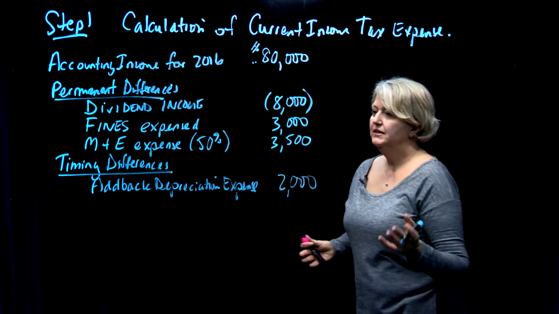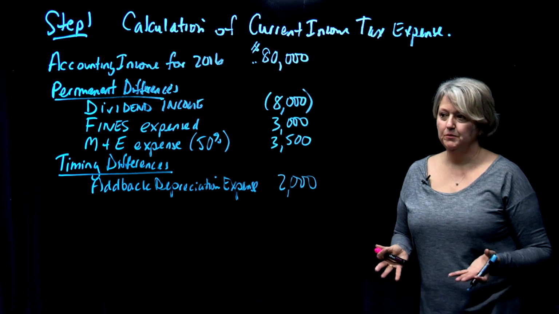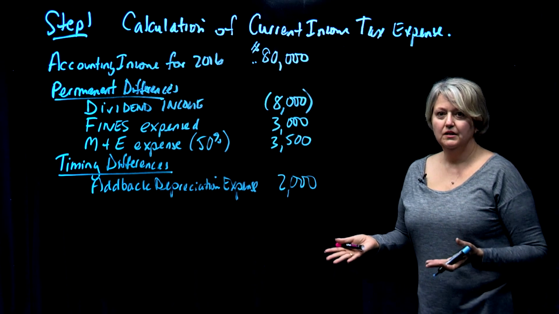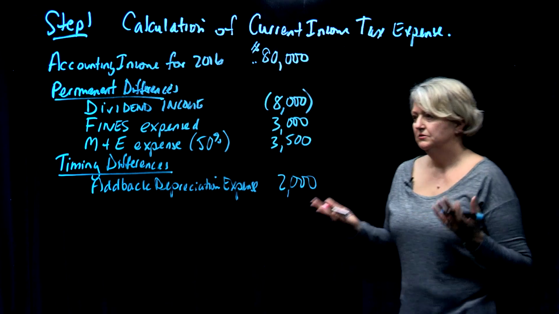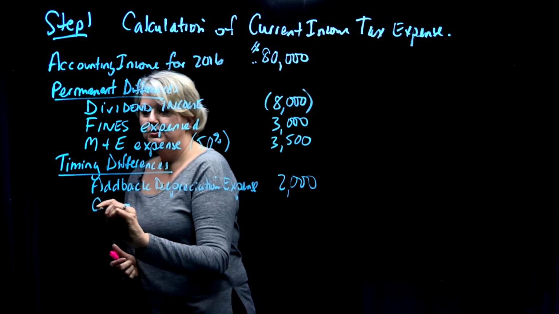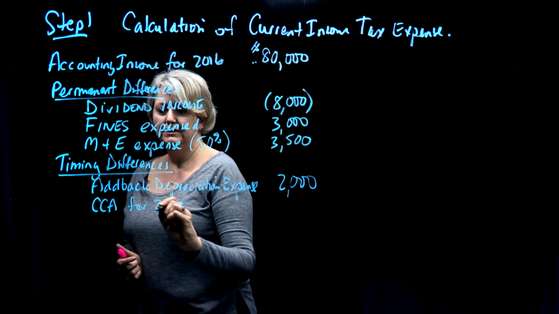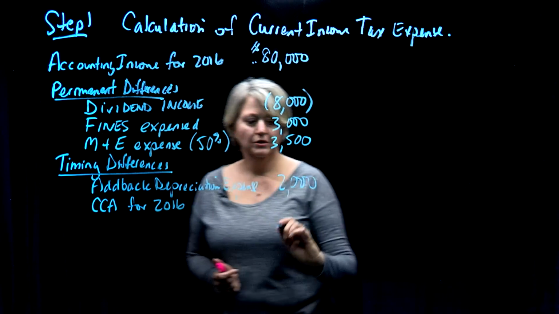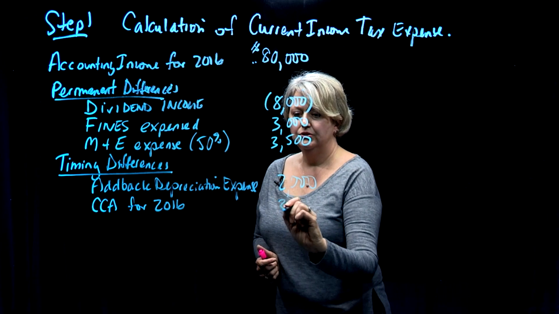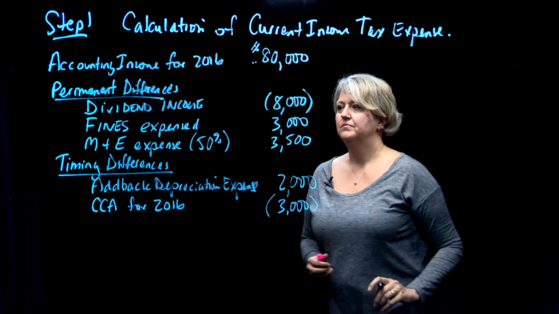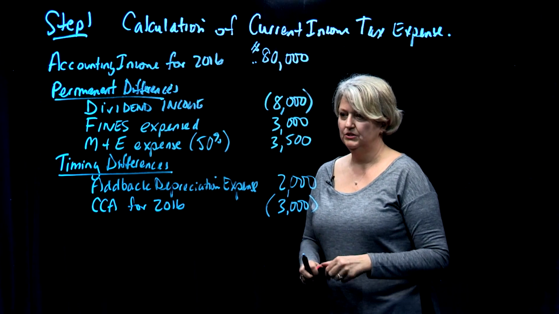That is not a legitimate expense for tax purposes. However, for tax purposes, you're allowed to take capital cost allowance, or CCA. So the CCA for this year, for 2016, works out to $3,000, and that can be subtracted for tax purposes. So let's just take a look at these numbers here.